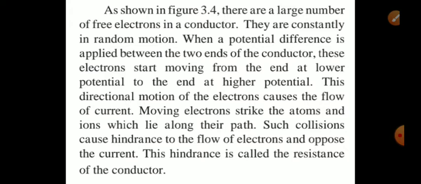Now moving electrons strike the atoms and ions which lie along their path. Such collisions cause hindrance to the flow of electrons and oppose the current. This hindrance is called the resistance of the conductor.